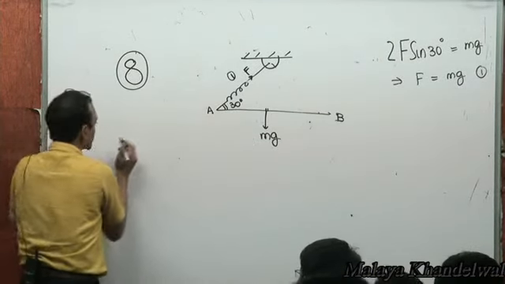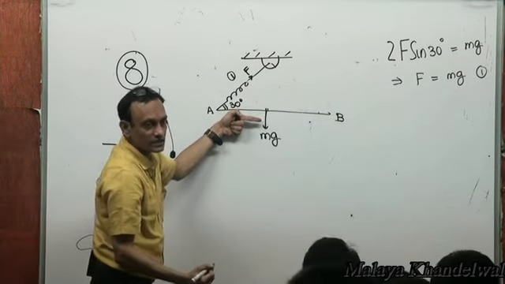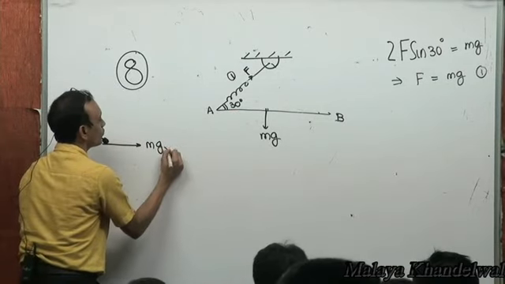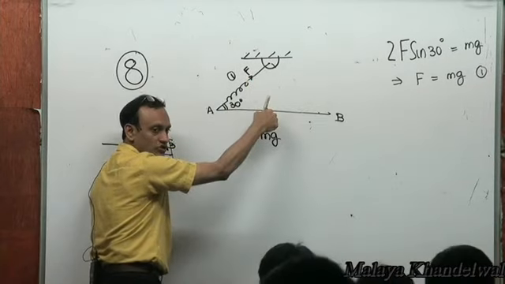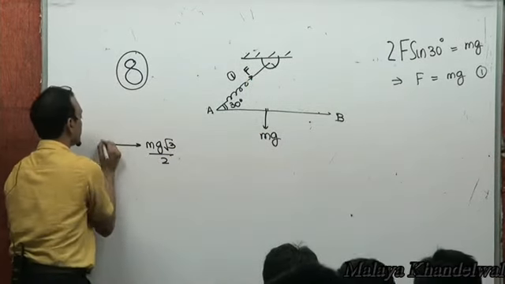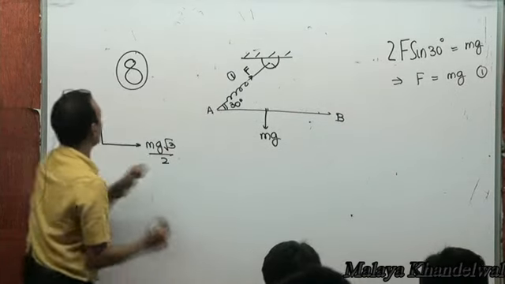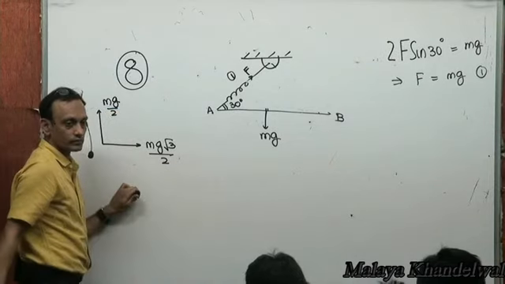This F could now be resolved as F cos 30 degrees, that means mg cos 30 degrees, mg root 3 by 2. F is mg, so mg cos 30 degrees. And it could be resolved as F sin 30 degrees vertically, which is mg by 2. Right?